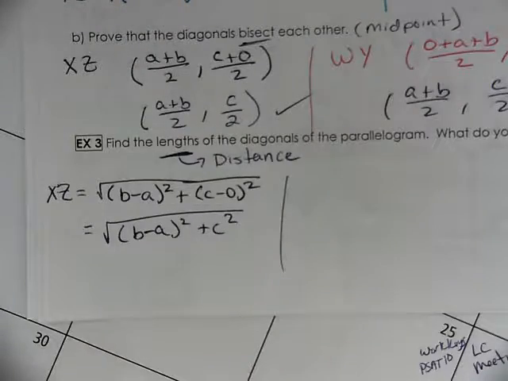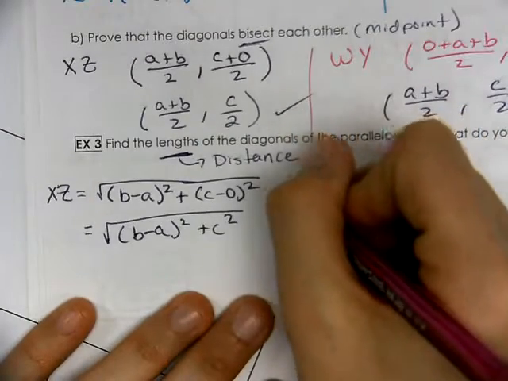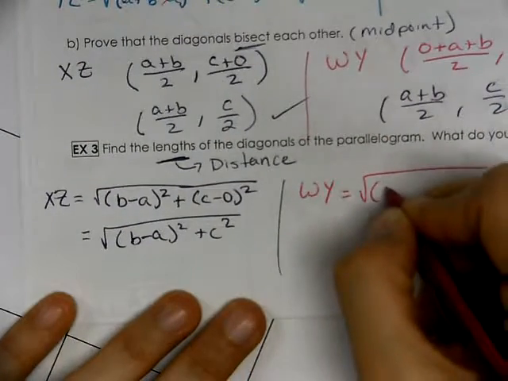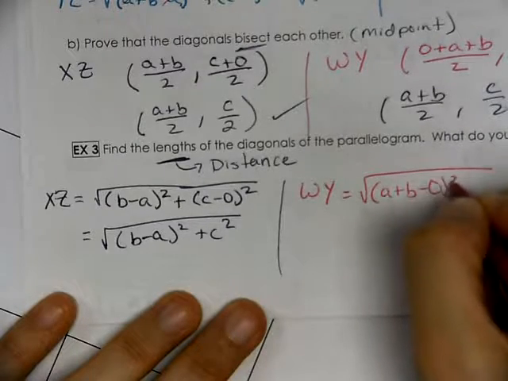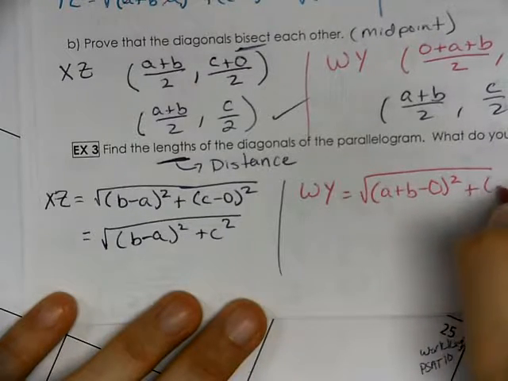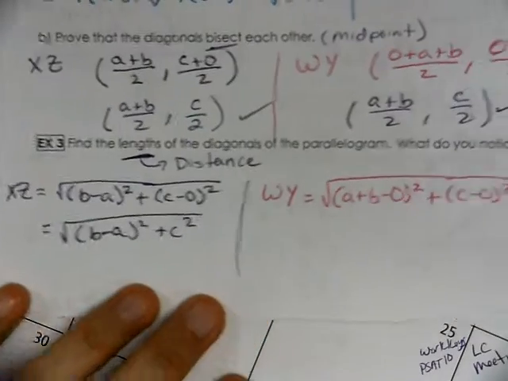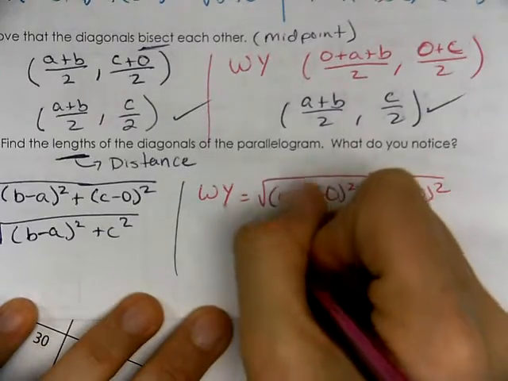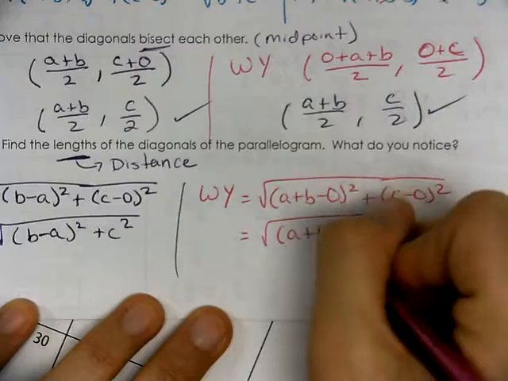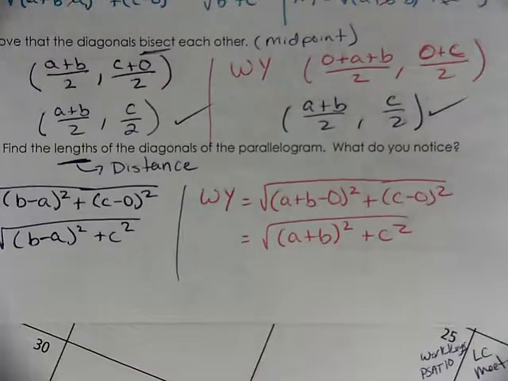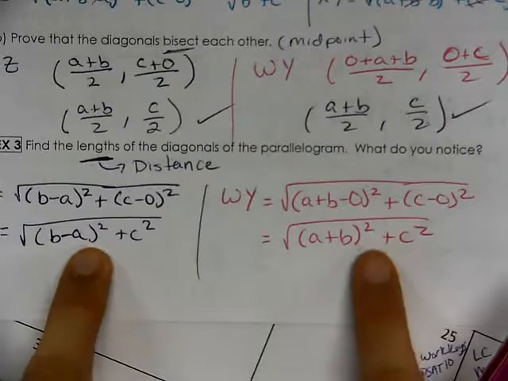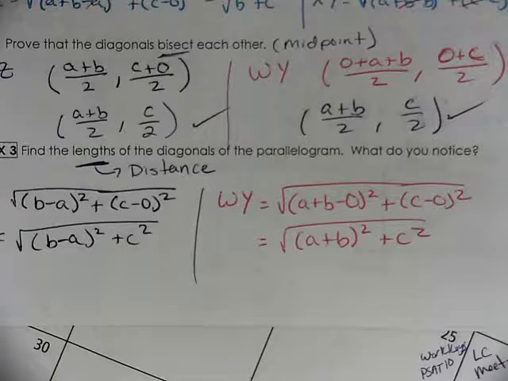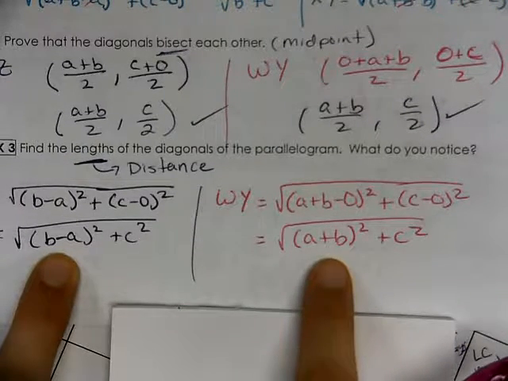Okay. Now let's check W to Y. So a plus b minus 0 squared plus c minus 0 squared. So this turns into a plus b squared plus c squared. Are those the same? No. If you think of numbers, b minus a and a plus b are not the same thing.